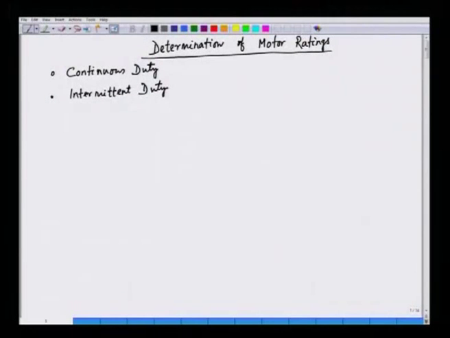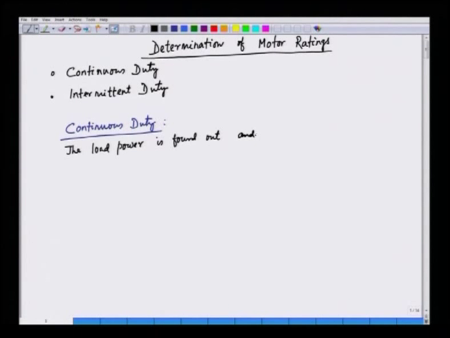So, in the first case, continuous duty, the load power is found out and the next available power rating of the motor is selected.